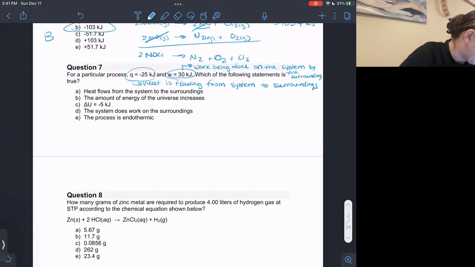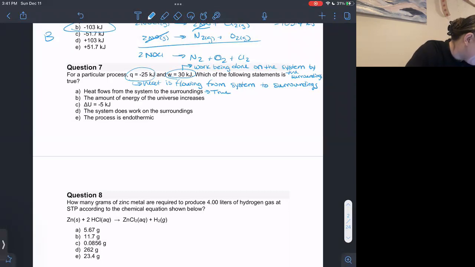Okay, so that's what I know just based off of the question without even looking at the answer choices. So for A, heat flows from the system to the surroundings. What did I just say? Heat is flowing from the system to the surroundings. Okay, so I think this is true. So A might be our choice here.